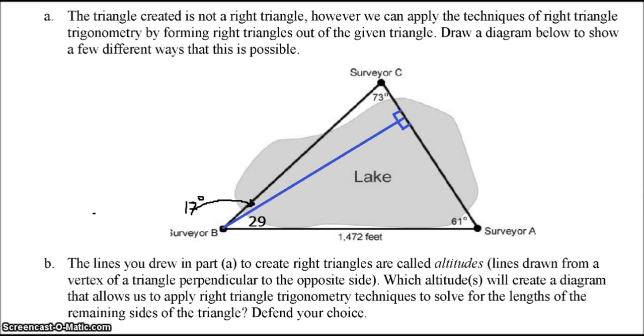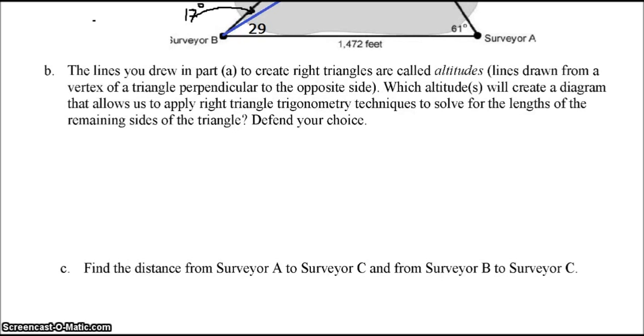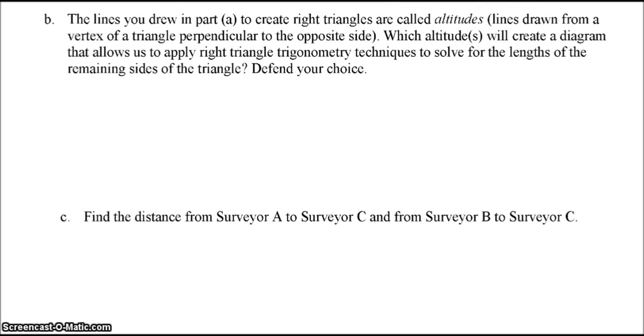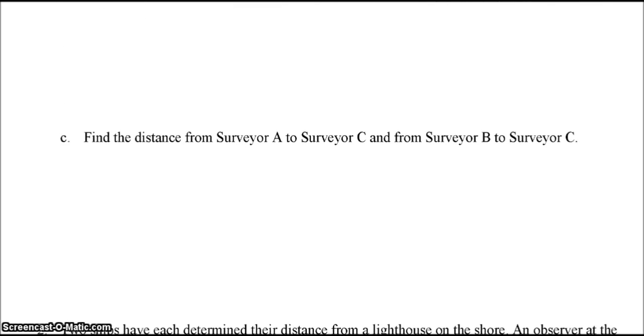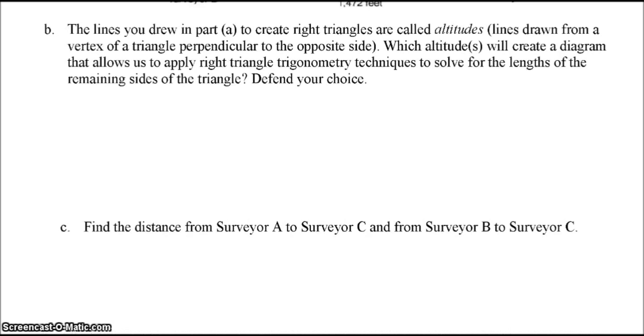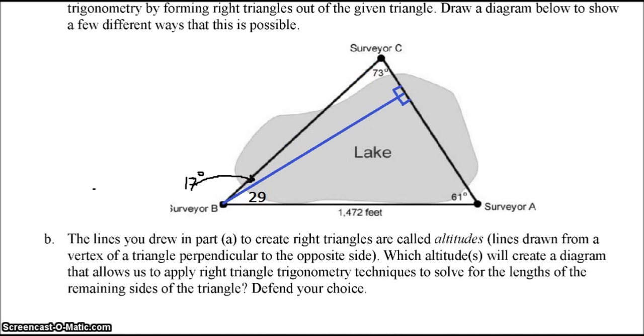So now we can use the sine and cosine and tangent to find these opposite sides. Find the distance from Surveyor A to Surveyor C and from Surveyor B to Surveyor C. So let's try this. Using our bottom triangle, look what happens if I take the sine of 29 degrees.